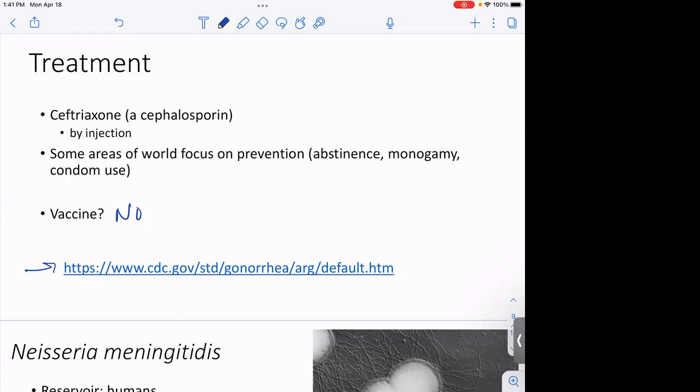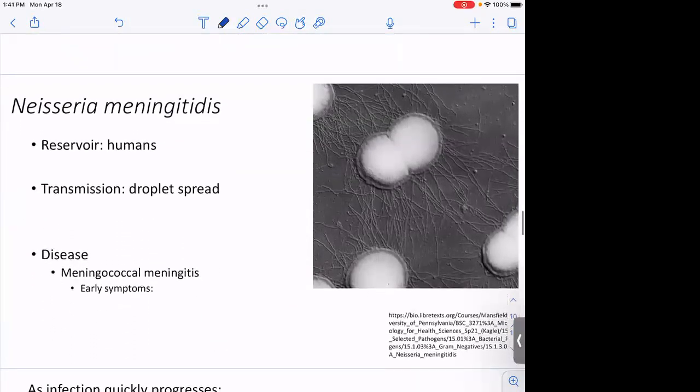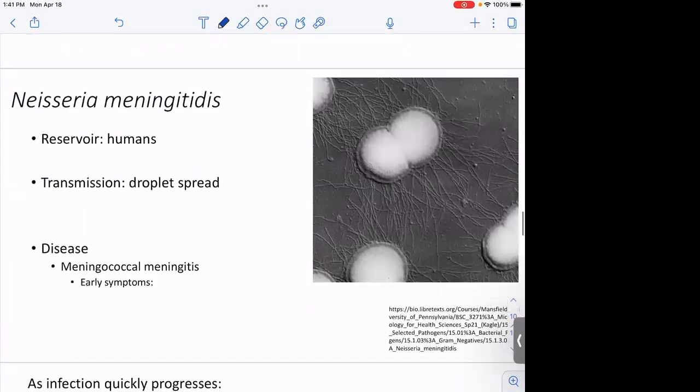All right, so a related organism, another Neisseria. We're going to talk a little bit about it before we get into some viral infections today. Neisseria meningitidis, also gram-negative cocci, often presents as diplococci, pairs of cocci together.